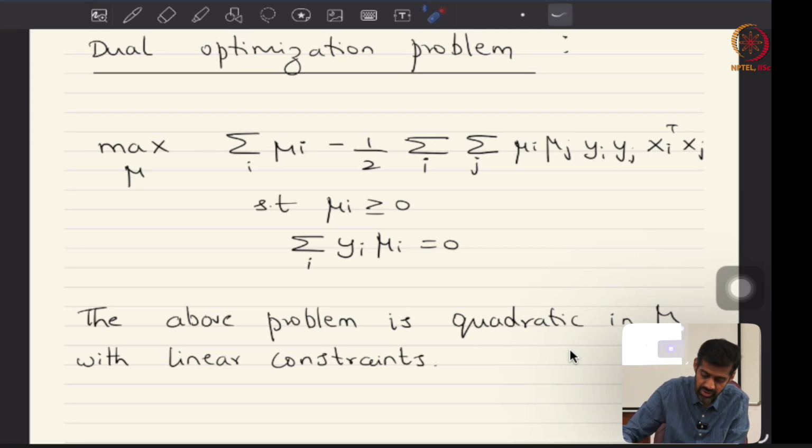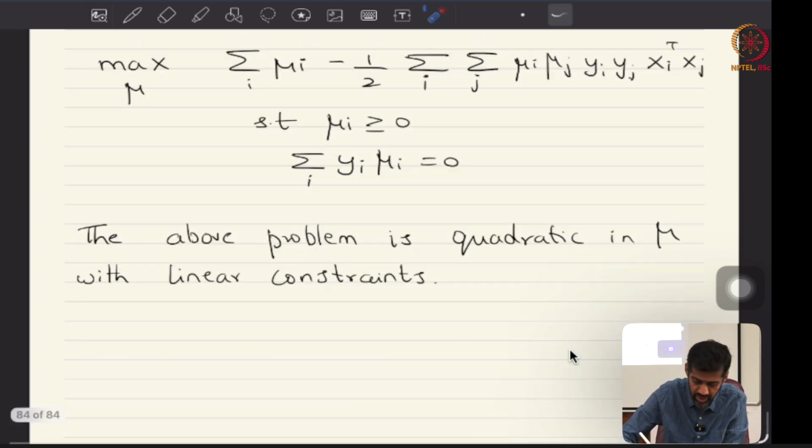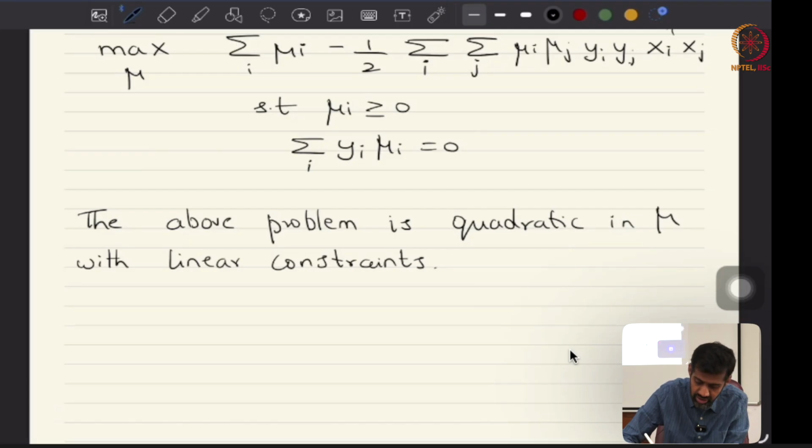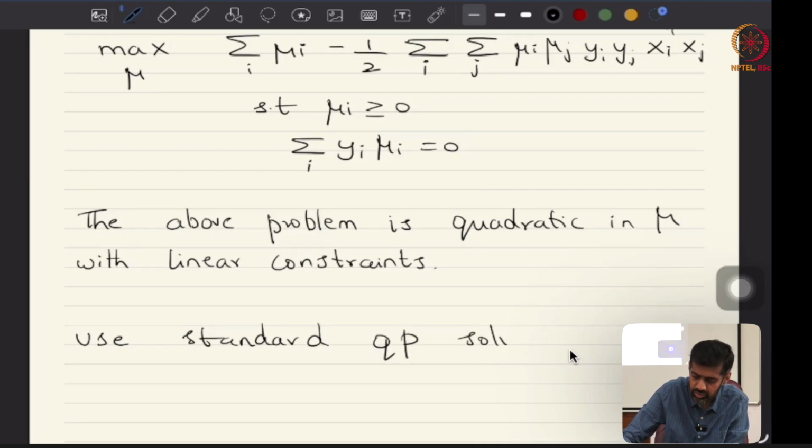Let me not go there. One of the algorithms to solve this is called sequential minimal optimization, SMO.